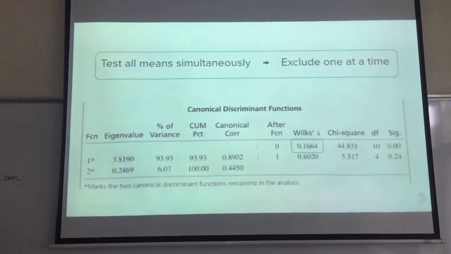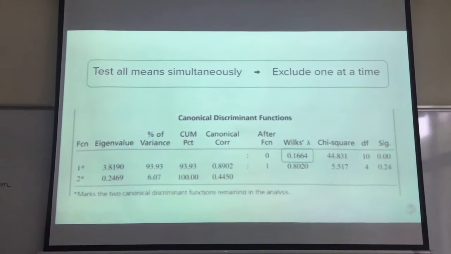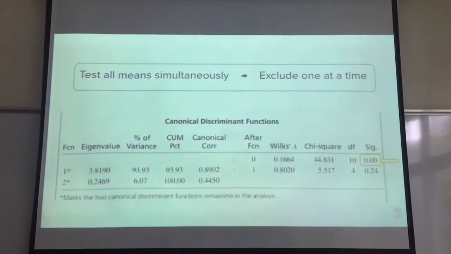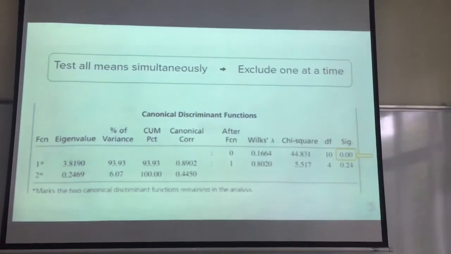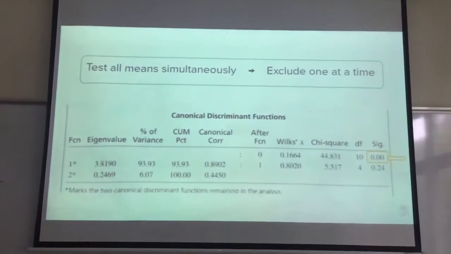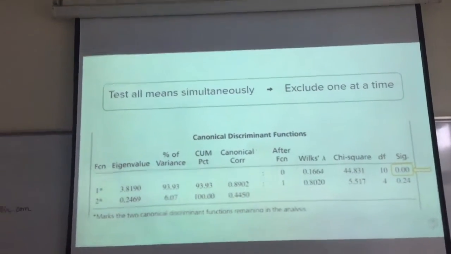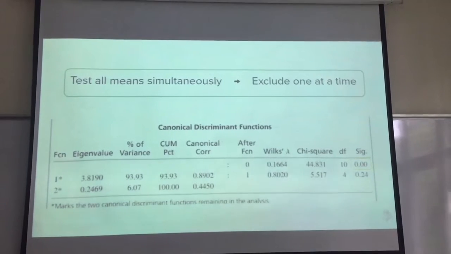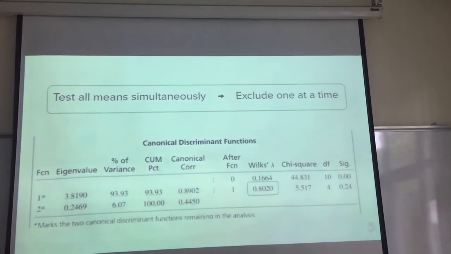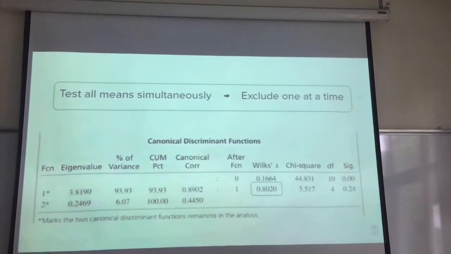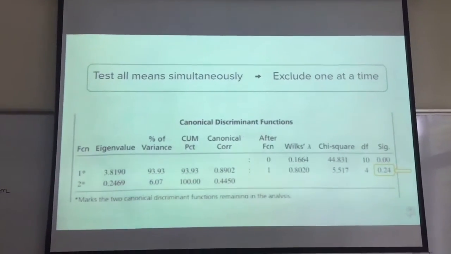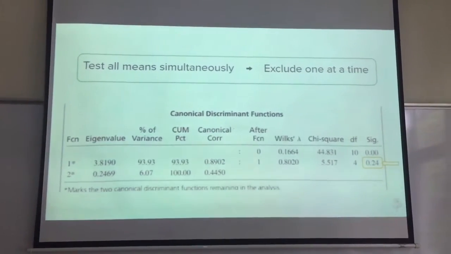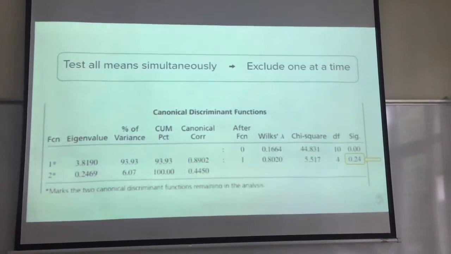And the value of Wilks' lambda is this number, and this transforms to the chi-square with the degrees of freedom and the significance, which is lower than the 0.05 level, so it contributes significantly to the group differences. However, you can see in the row below, when the first function is removed, the Wilks' lambda associated with the second function is higher, and the significance is higher than 0.05, and therefore the second function does not contribute significantly to the group differences.